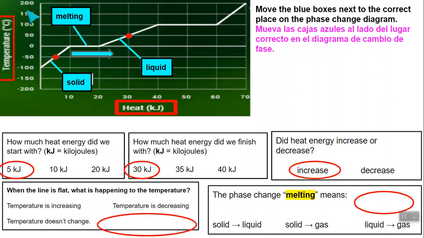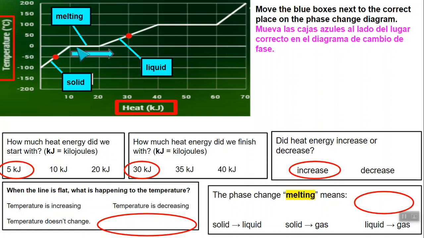So here, the temperature is increasing. When the line is flat, is the temperature increasing, decreasing, or staying the same, or not changing?